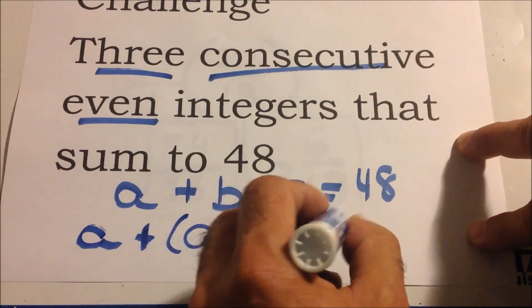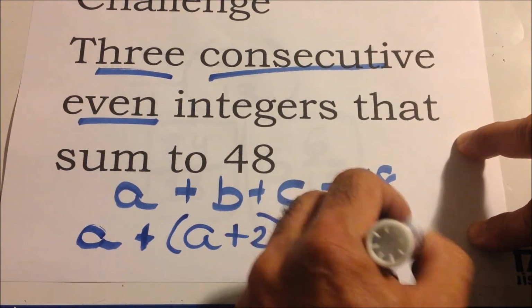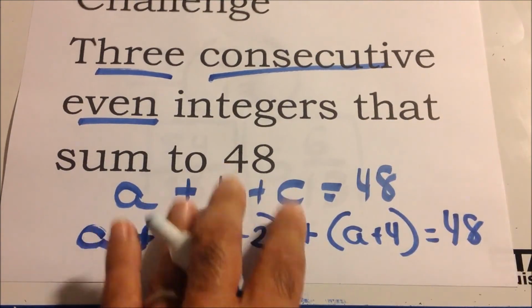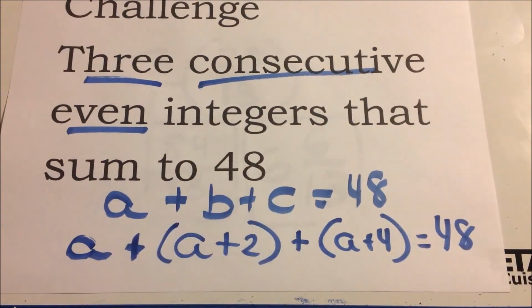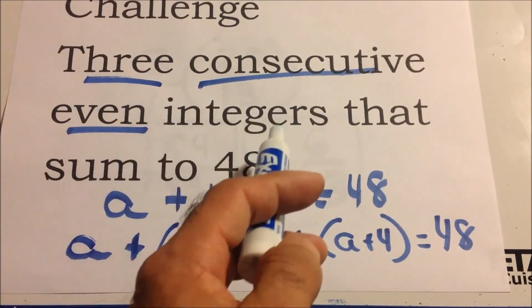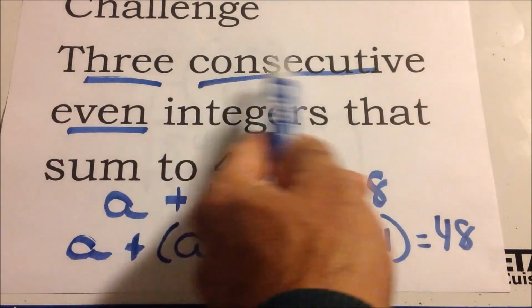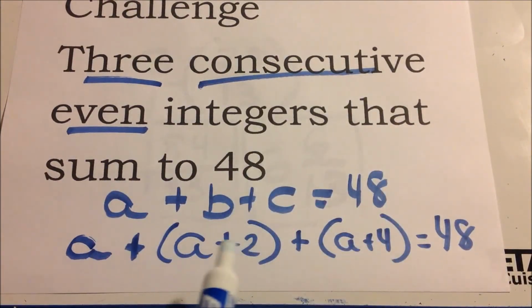And C is A plus 4, and it equals 48. So far we have A plus 2 plus A plus 4 equals 48. The 2 and the 4 are there because they're even integers and they're consecutive. Even if it was odd integers and they were consecutive, it would be the same thing.